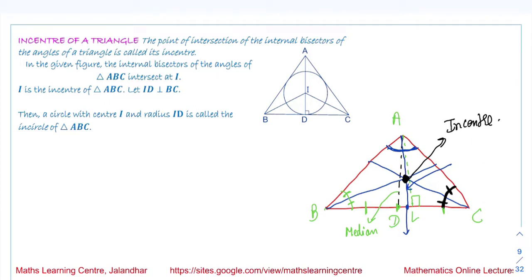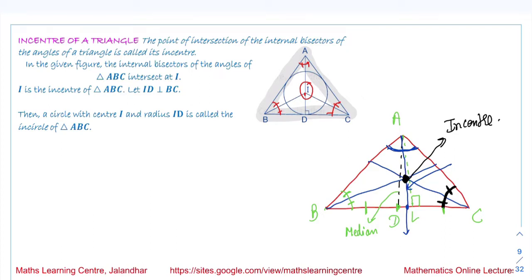That is shown in the figure: the triangle ABC is given, and we have drawn the angle bisectors. The point where they meet is called the incenter.